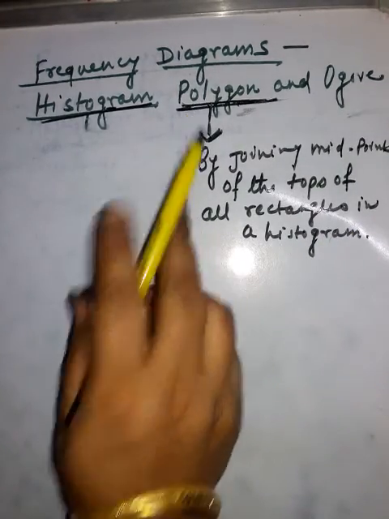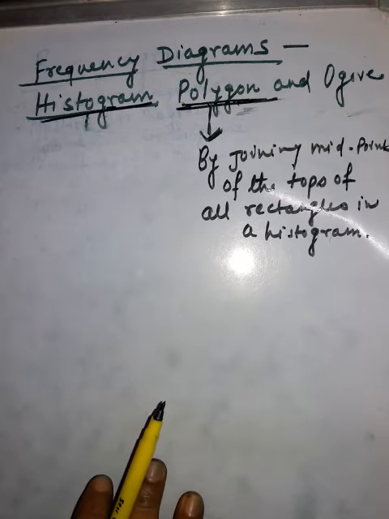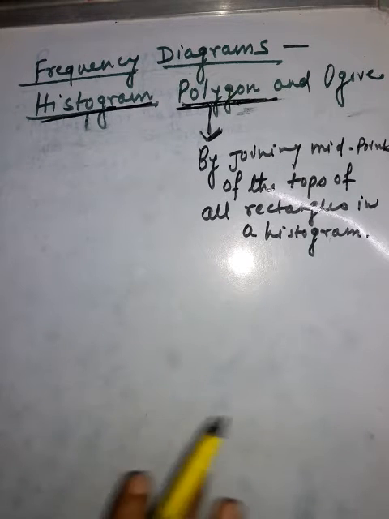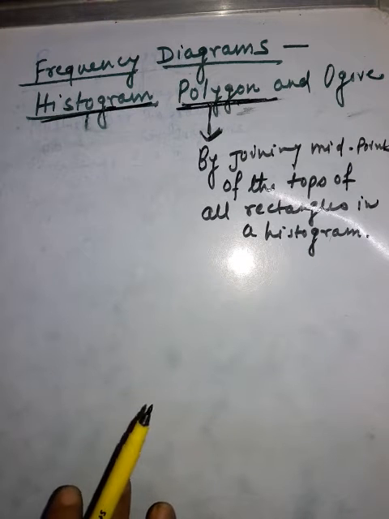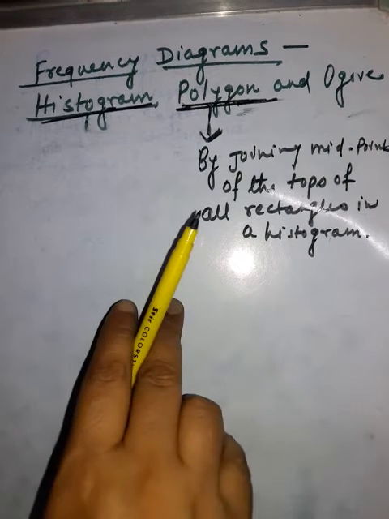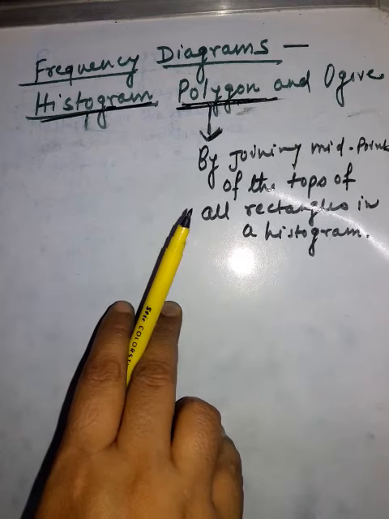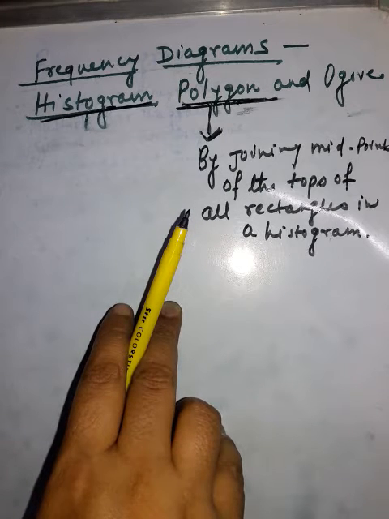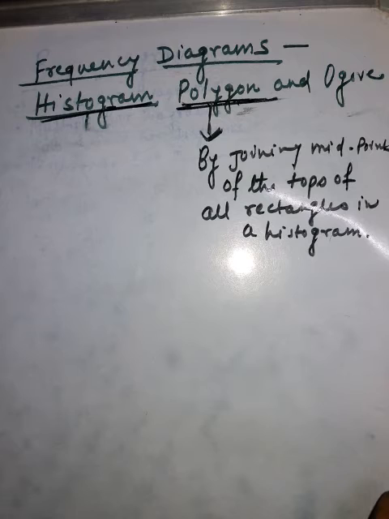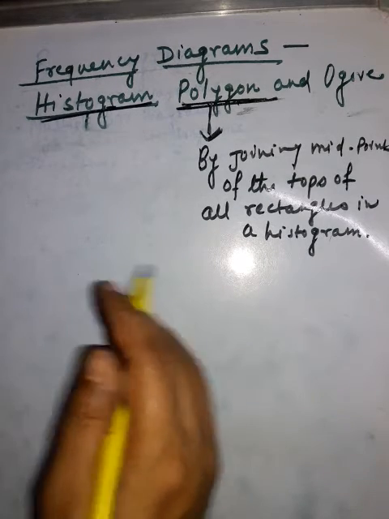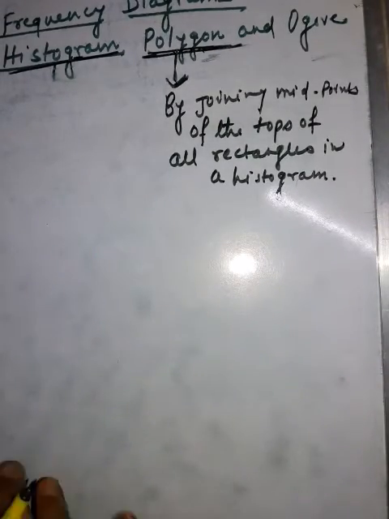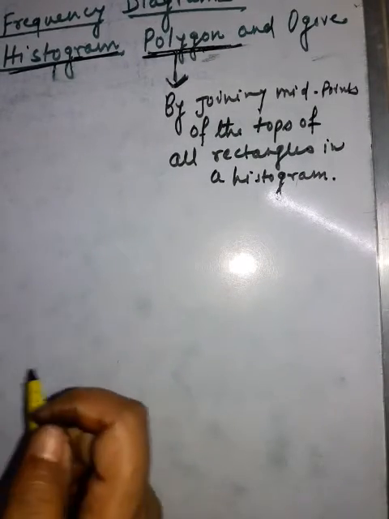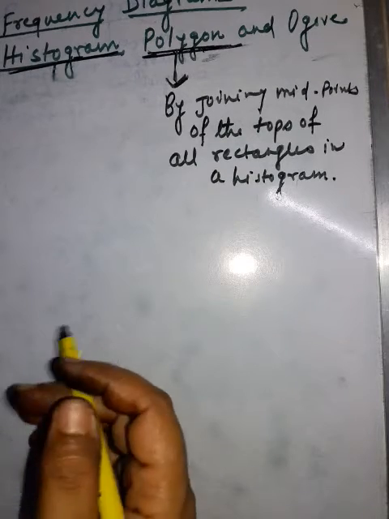Though polygon can be drawn without constructing a histogram, for this the mid values of the class of frequency distribution are marked on the x-axis of the graph and corresponding frequencies are marked on the y-axis graph.